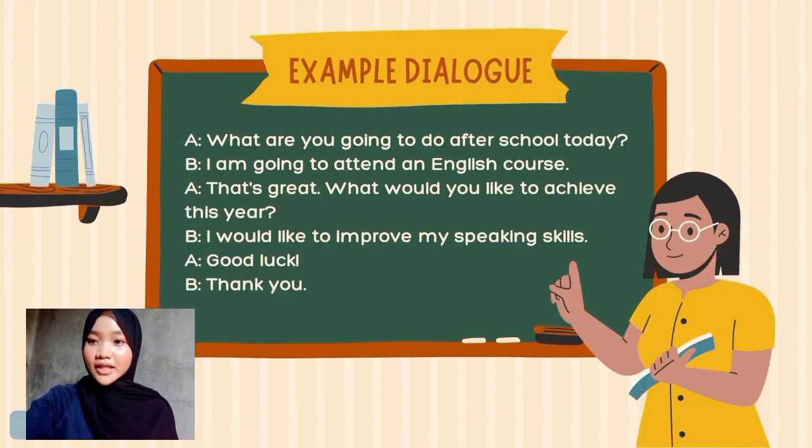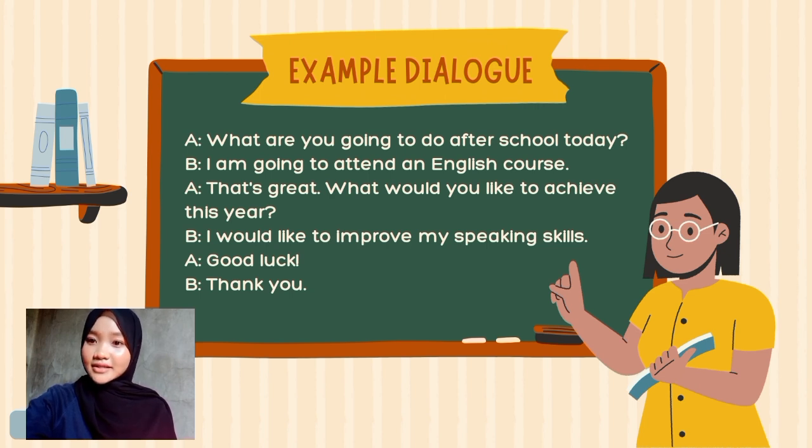Now, let's read the dialogue together. Person A asks, what are you going to do after school today? Person B answers, I'm going to attend an English course. Here, person B uses be going to because it is already planned. Then, person A asks, what would you like to achieve this year?